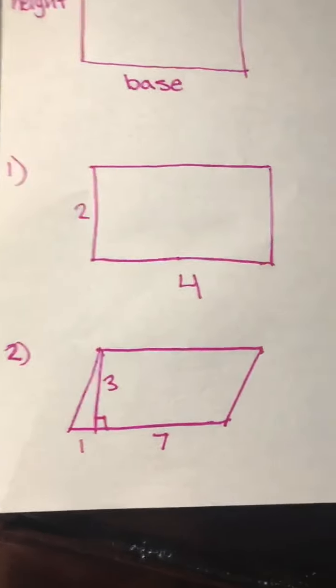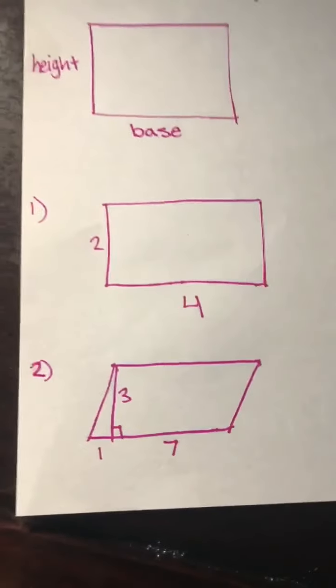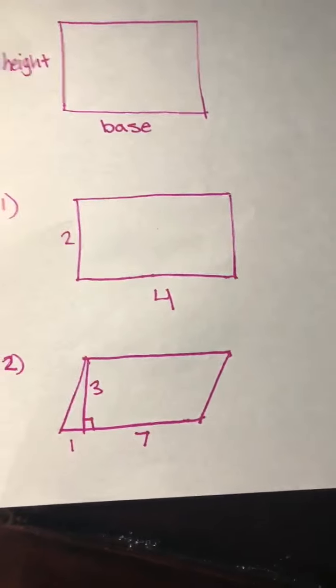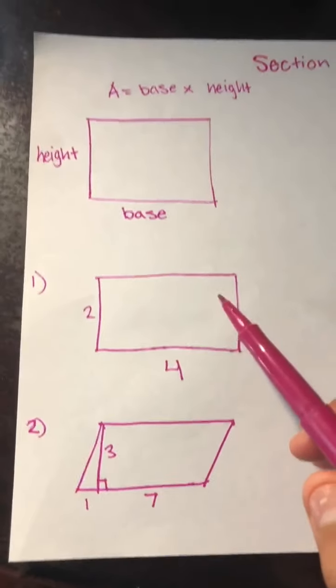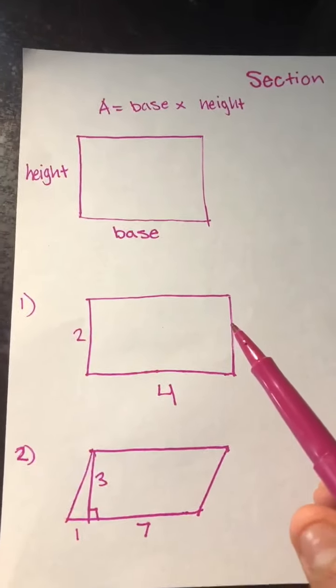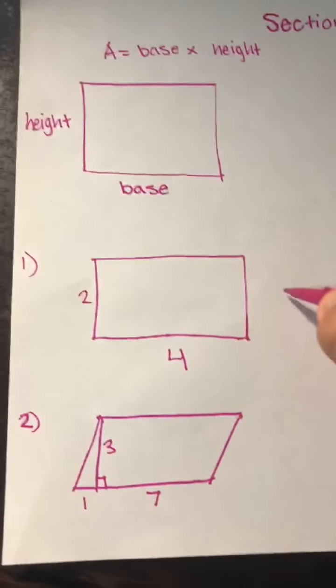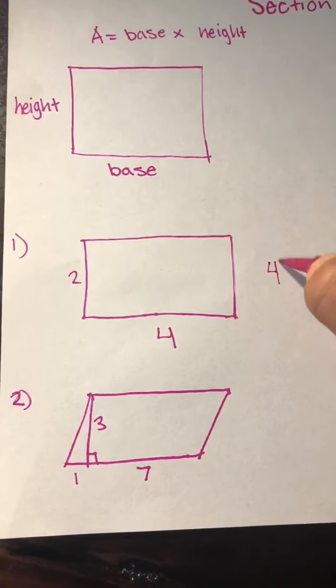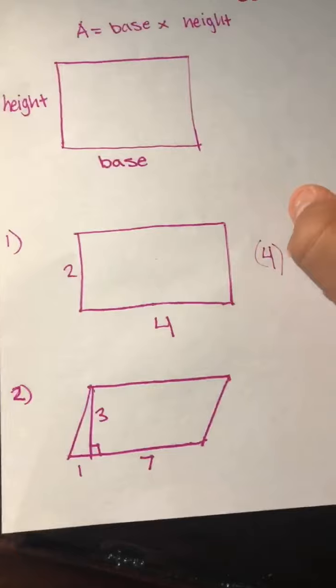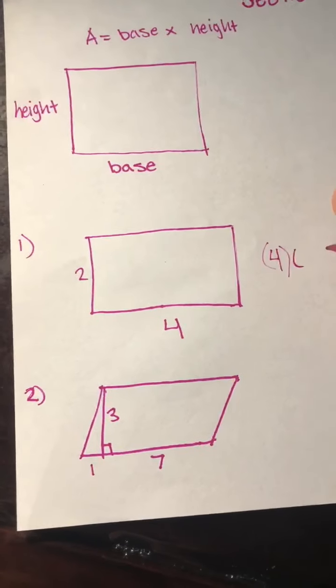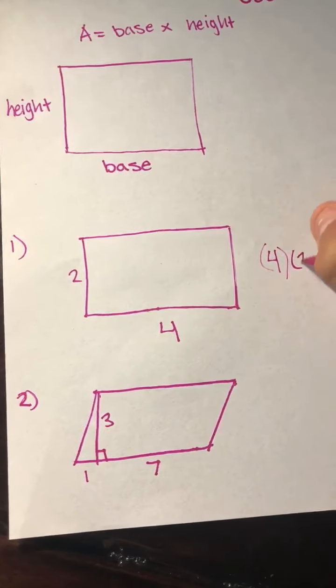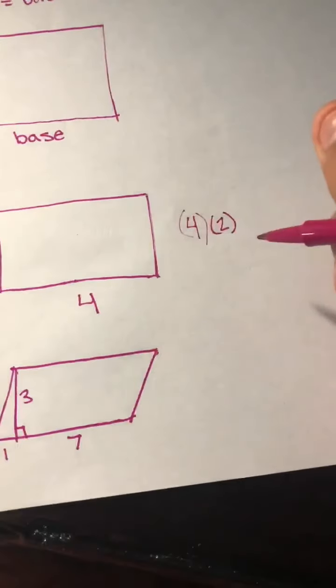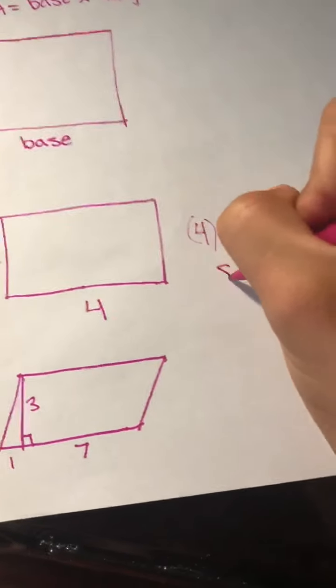Here are two problems. Let's solve them. So for the rectangle, we have to use our area of base times height. Our base is 4, and our height is 2. Multiply those two together and you get 8.